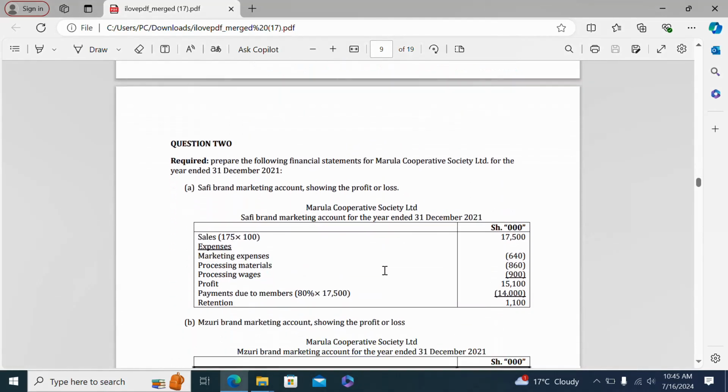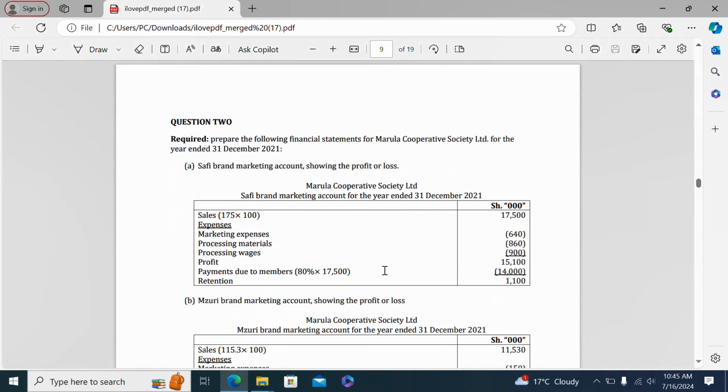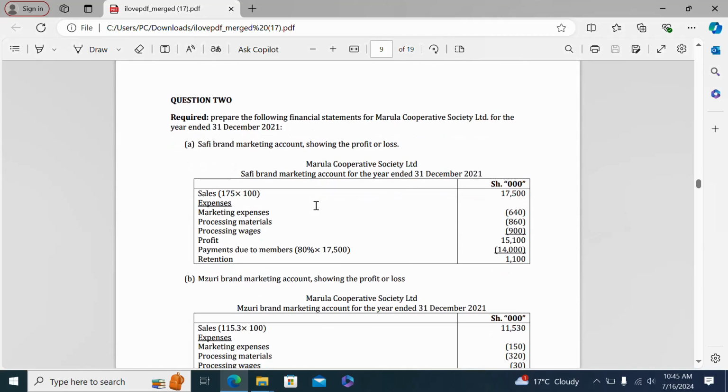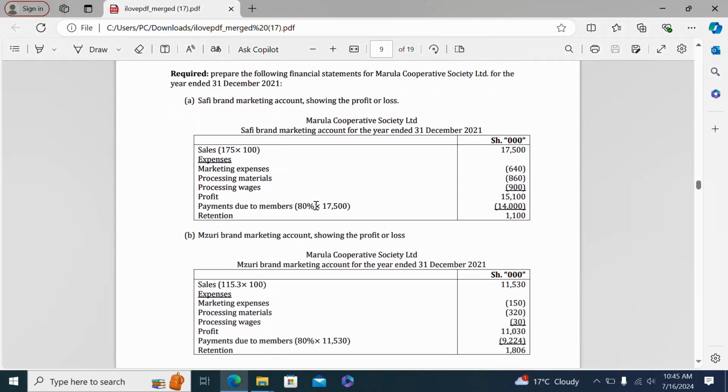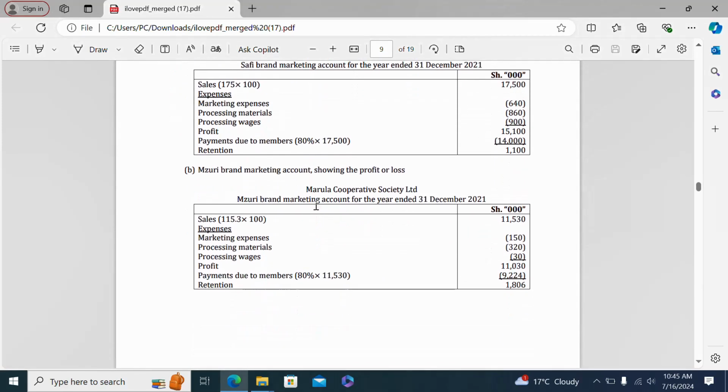Then question 2, we have the marketing account for Safi Blood, and that is part A, and part B, the marketing account for Mzuri Blood.